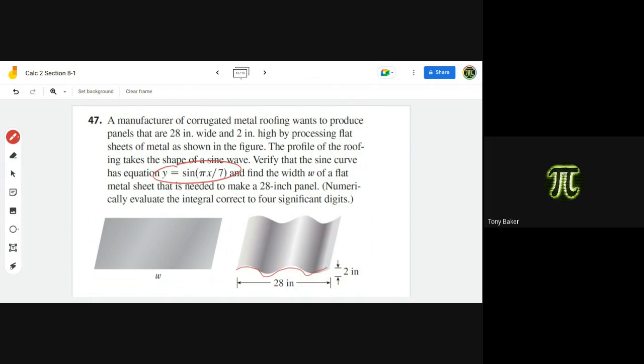The sine is bounded from -1 to 1, so we have to multiply it. Oh, wait, no, that's 2 inches. Yeah, that's 2 units. Ignore me. All you need to worry about is this whole thing that gave you the equation. So figure out the arc length with that equation. If I wanted you to actually find that equation, we would use the 2.